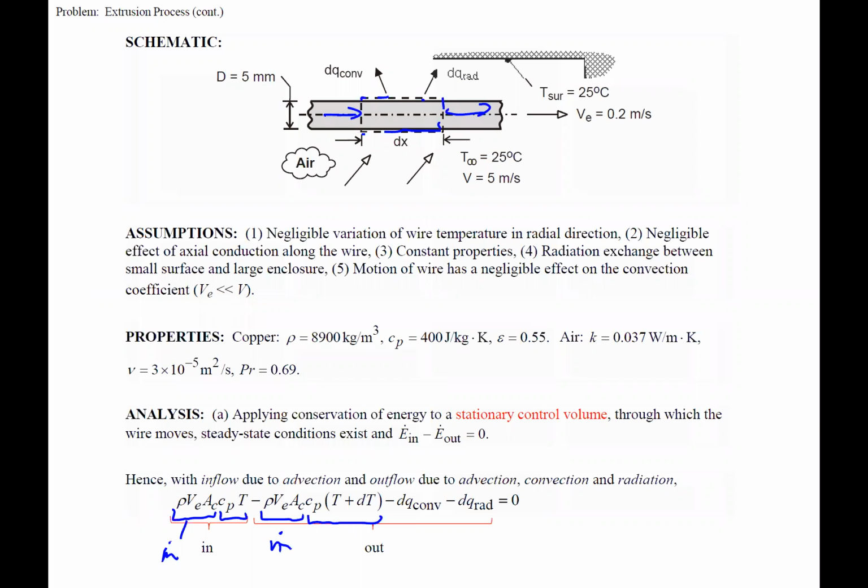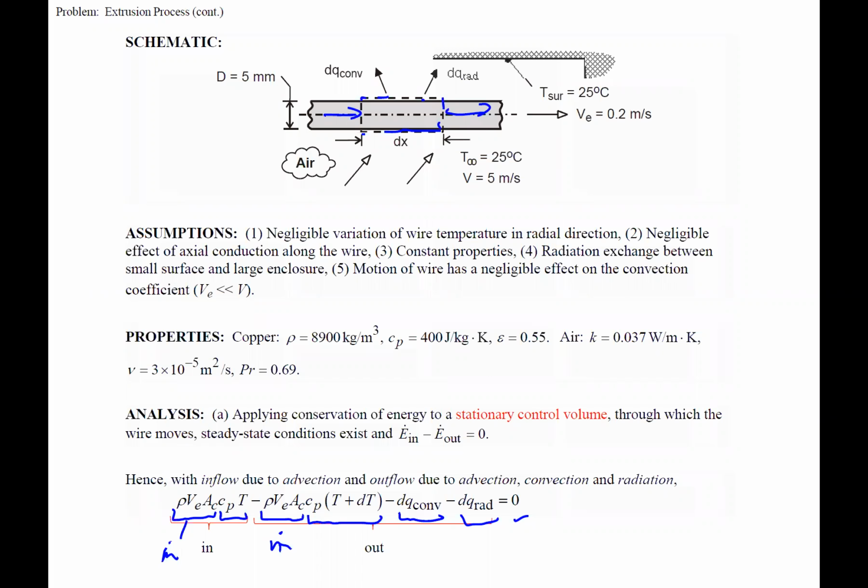And then over that little control volume, we have convection, radiation leaving. And it's steady state because the temperature is not changing because the control volume is staying stationary. So it's always that same temperature of that wire that's flowing through. Okay? So the energy stored inside of it is not changing with time because the control volume is staying stationary.